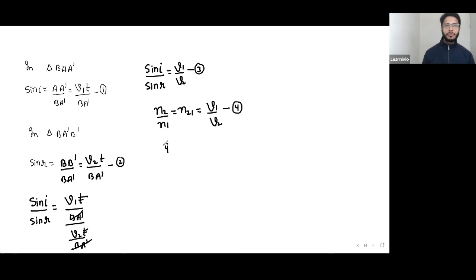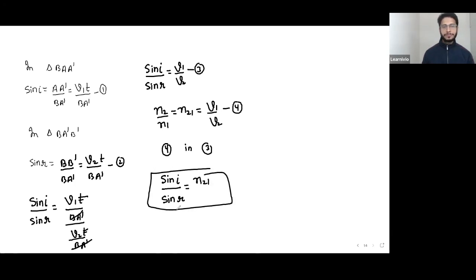Now I can substitute 4 in 3. Then I get sin I by sin R as N21. This is Snell's law. That's the first law of refraction.